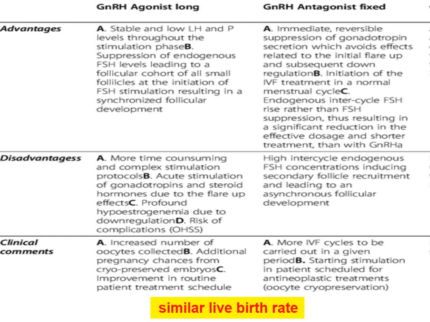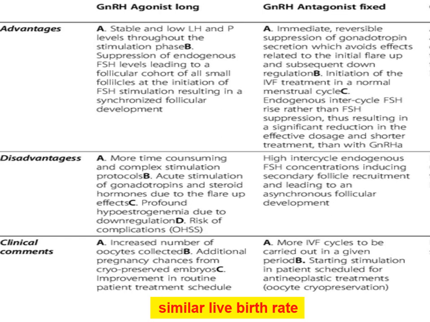On the other hand, GnRH antagonist protocol is advantageous in being immediate reversible suppression of gonadotropins without initial flare-up. So initiation of IVF treatment in a normal menstrual cycle with endogenous intercycle FSH rise rather than FSH suppression, thus resulting in a significant reduction in the effective dose and shortening the treatment duration and dose and cost as well.